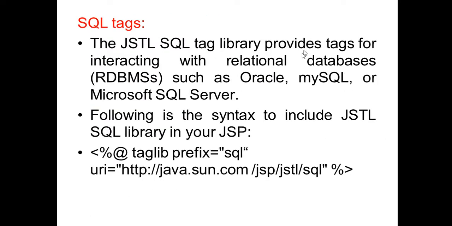The JSTL SQL Tag Library provides tags for interacting with relational databases such as Oracle, MySQL or Microsoft SQL Server. To use this JSTL library, the syntax is the taglib directive with prefix equals sql and the URI http://java.sun.com/jsp/jstl/sql.